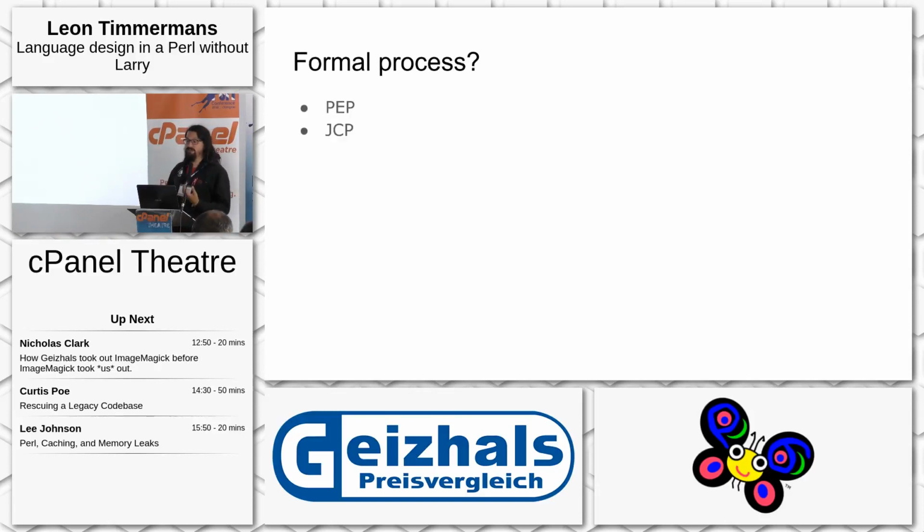So yeah, what do we need? Do we need a formal process? A lot of languages, like Python and Java, have a very well described, very formal process of change. It sounds really nice. I don't think we can graft it on the thing we have now, going from essentially no process to a very formal process.